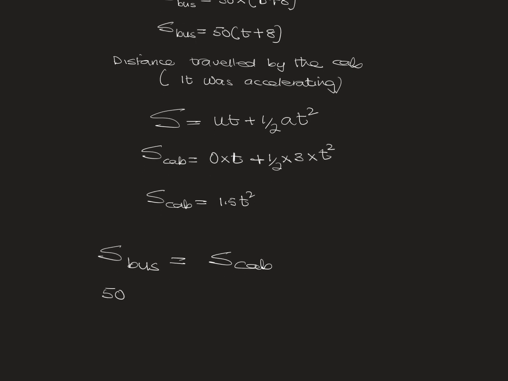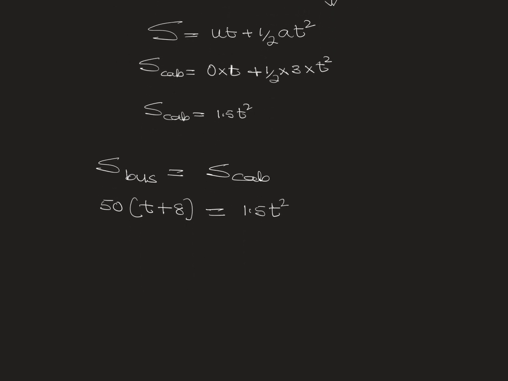It is 50 into t plus 8. This must be equal to 1.5 t squared. So if I expand this, I'm going to have 50t plus 50 multiplied by 8 gives 400. This is equal to 1.5 t squared.